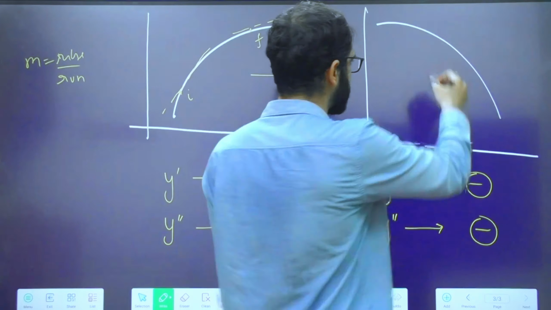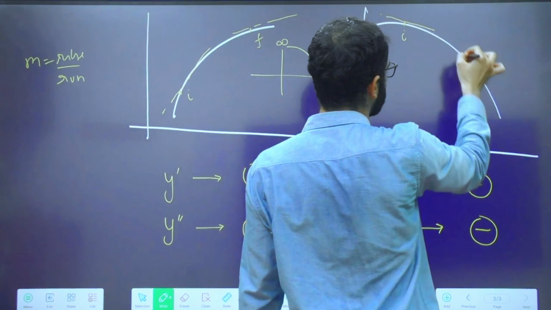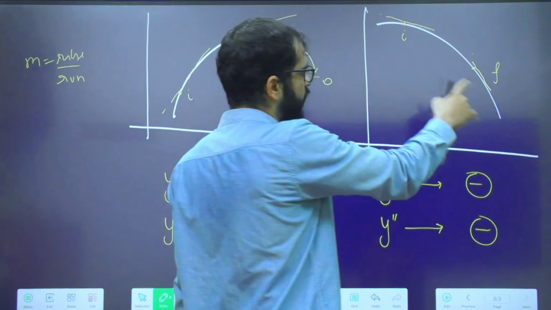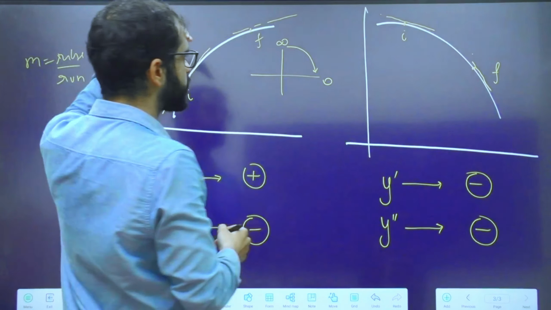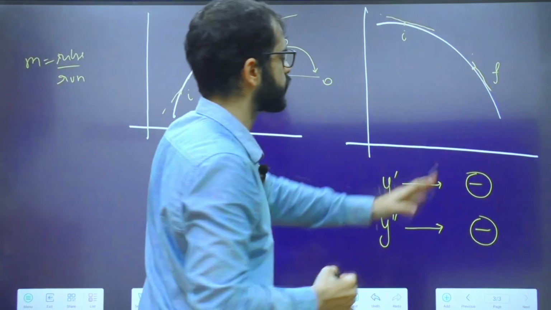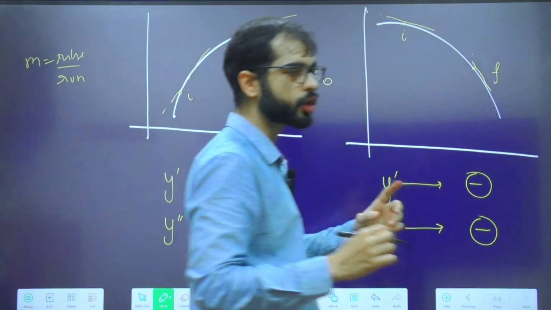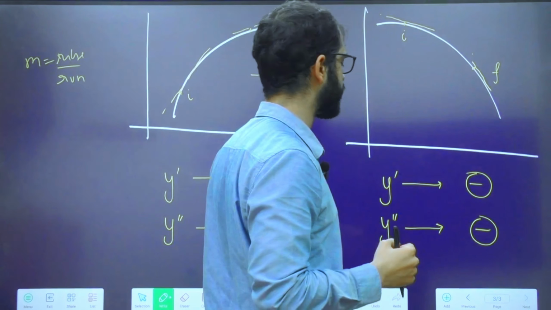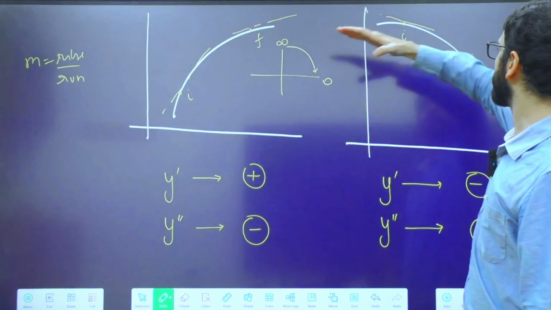Now let's analyze the second one. This is the slope of the initial point. This is the slope of the final point. As we analyze, both of these slopes are negative because there is no rise, it is just falling for every run. So the slope is going to be negative. If I talk about y double dash, that is going to be d2y by dx square. Let's analyze what is happening. It is going from here to here.